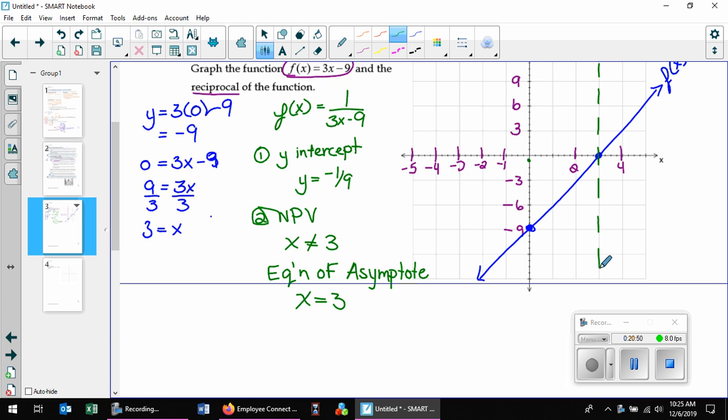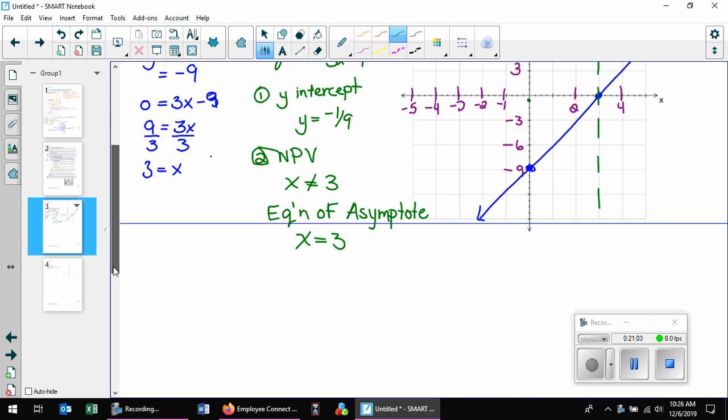Oh yeah, I don't even know what step 3 was. What was I supposed to do? Graph. I like it. Okay, so here's the thing. Remember when we were graphing the parabolas, we found what our vertex was, and then we picked points to the left and the right of our vertex? Yes, when we were doing the table of values. Same sort of thing.